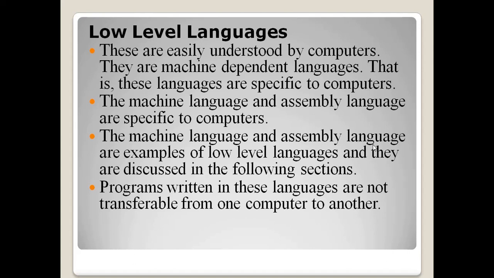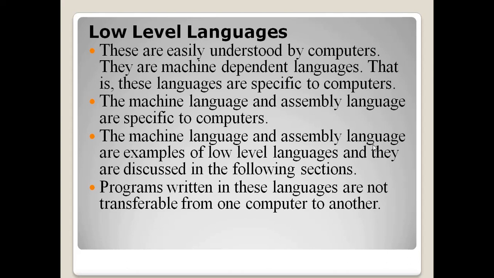The machine language and assembly language are specific to computers. These are specifically designed for the machines. These are the examples for low level languages: machine language and assembly language, and they are discussed in the following section.